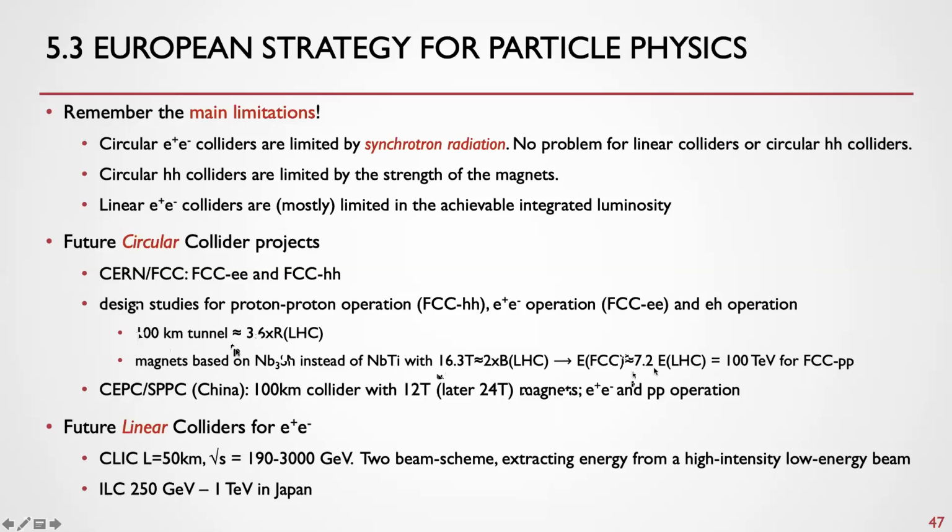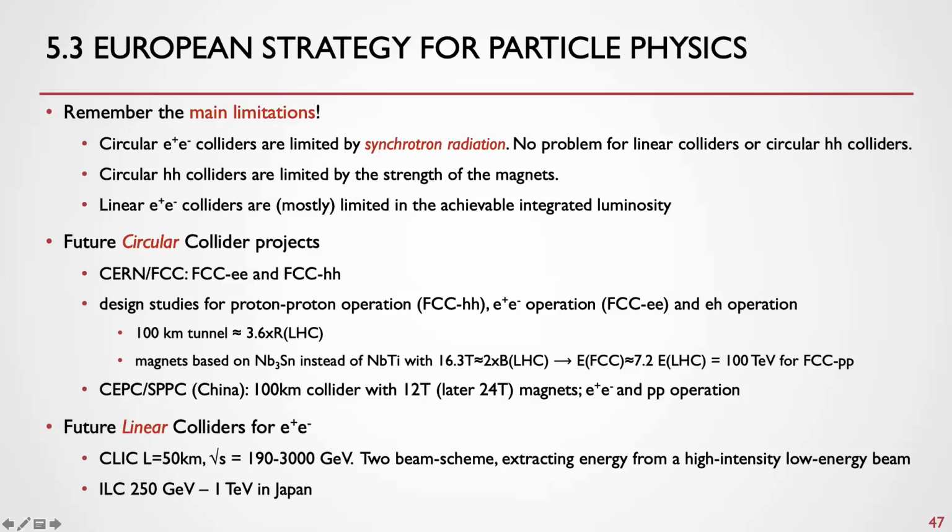I don't want to jump back in the slides now, but you can compute this number from our discussion of the achievable momentum at a circular collider for a given magnetic field.